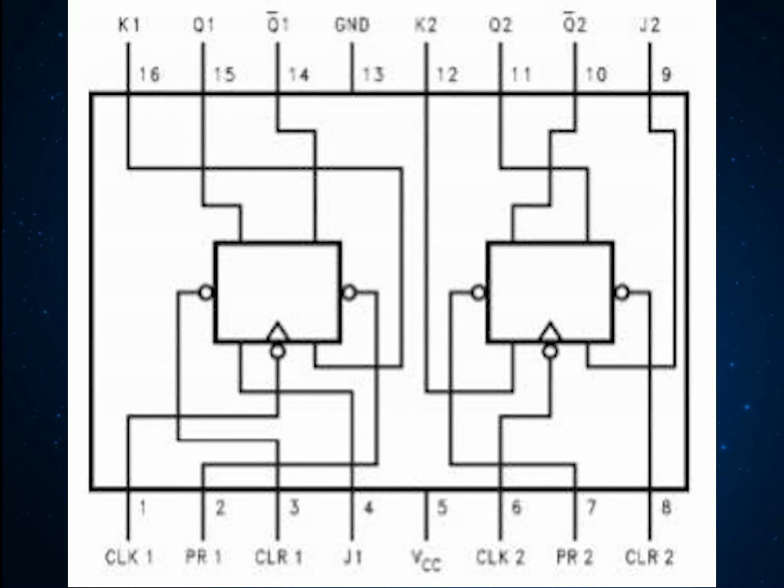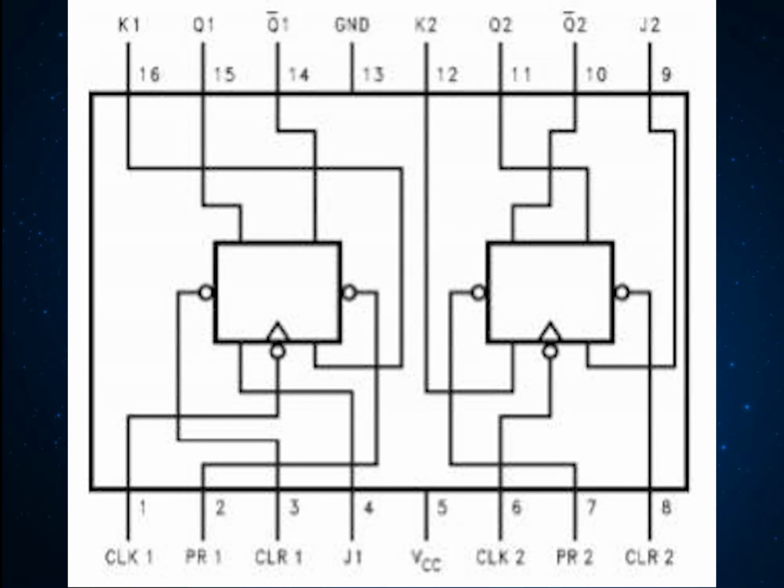We used a 7476 IC for the JK flip-flops. It has a clear, preset, and complementary outputs. For the J inputs, we used pins 4 and 9. For the K inputs, we used pins 12 and 16. For the first output Q1 we used pin 15 and pin 11.